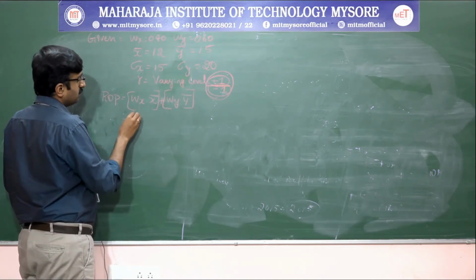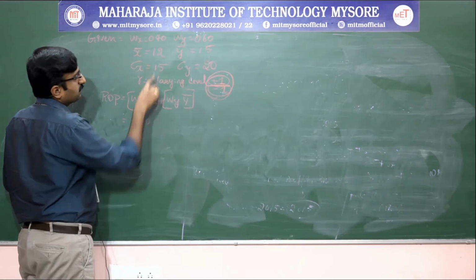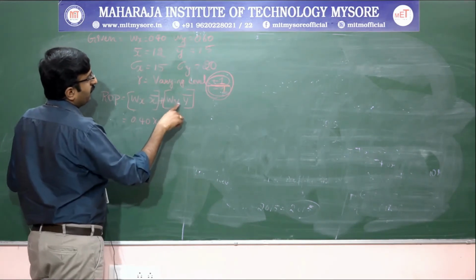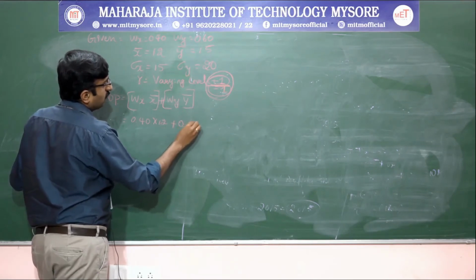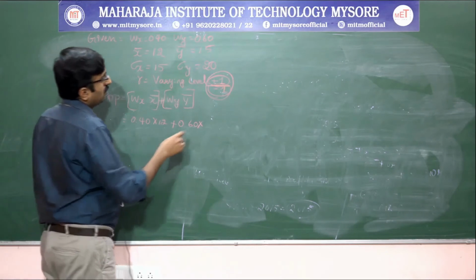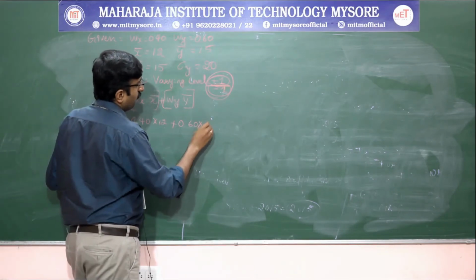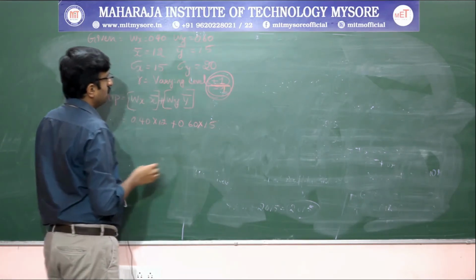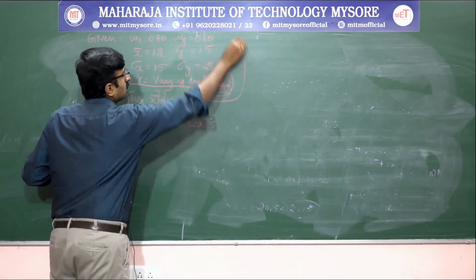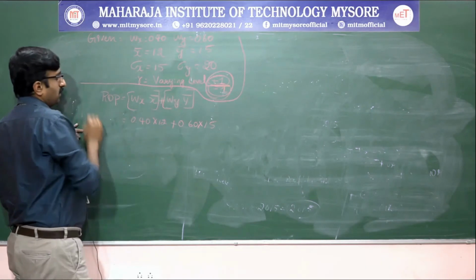So weight of x is 0.40, x bar is 12, and weight of y is 0.60 into y bar is 15.